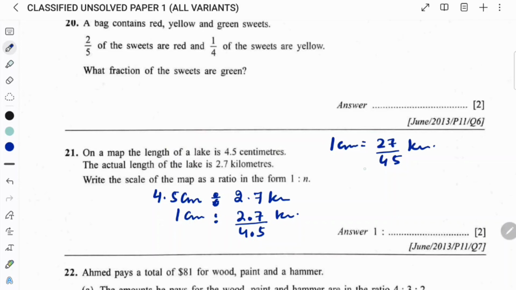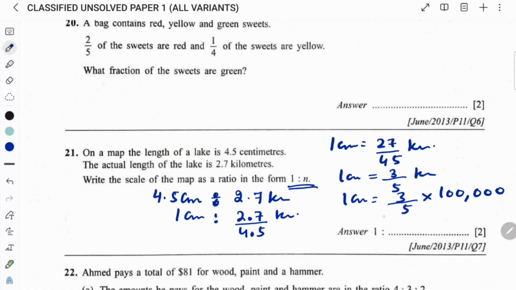When we look at the 9 times table, 3 times 9 is 27, and 5 times 9 is 45. Now I have to convert kilometers into centimeters, multiplying by 100,000, to get the same unit on both sides, and then we'll find it in the ratio form.